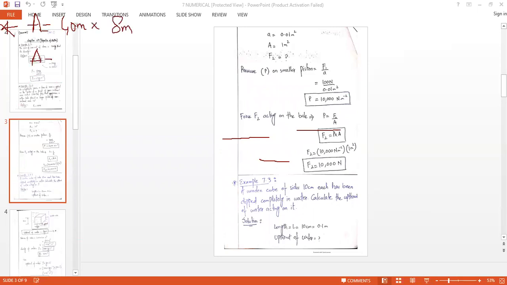Area is 320 meters square. Now the additional load is 125,000 Newton.